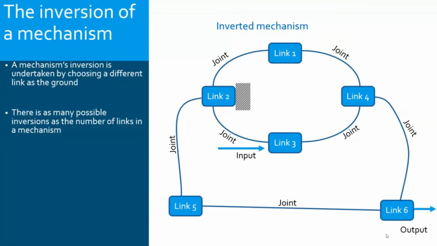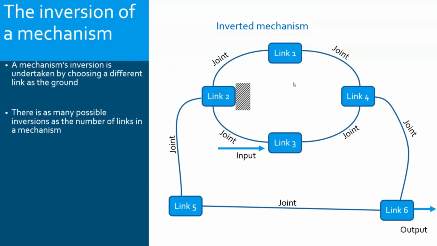The fact of choosing a different link as the ground, this is the inversion of a mechanism. If you have 2 grounds, you cancel 1 link, you reduce the number of links by 1. Imagine you have, for example, like this example, 6 links.